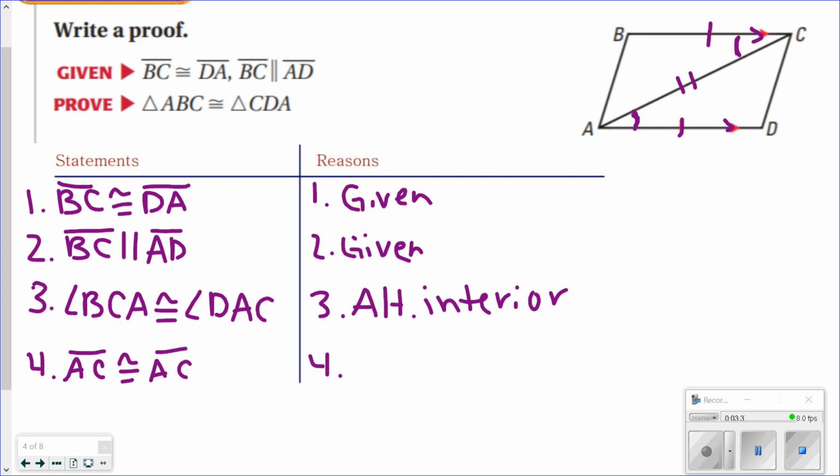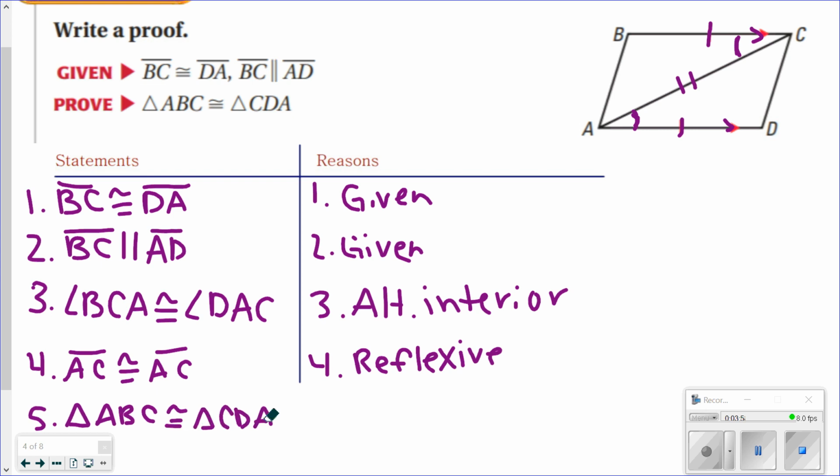What property is that? That is the reflexive property. And so now I am done, and I can say what I just proved. So I just proved that triangle ABC is congruent to triangle CDA, and my reasoning is side, angle, side.